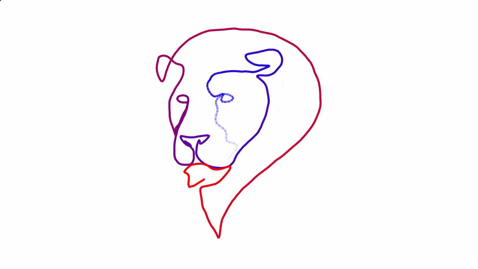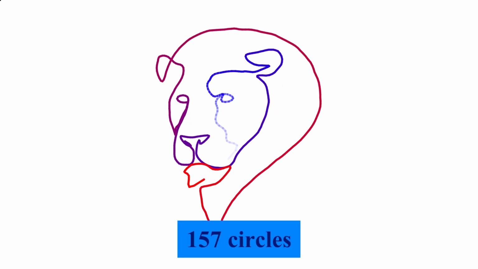However, if we use a lot more circles, we see that the resulting curve is almost exactly the same as our input. For my final demo, I made a video in which the first frame is 1 circle, the second frame is 2 circles, the third frame is 3 circles, and so on. This looked something like this.